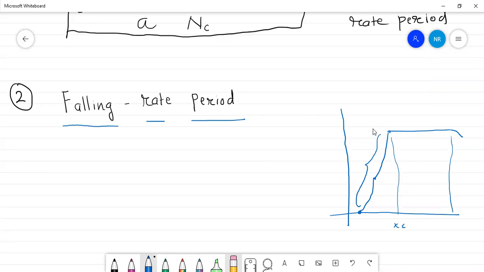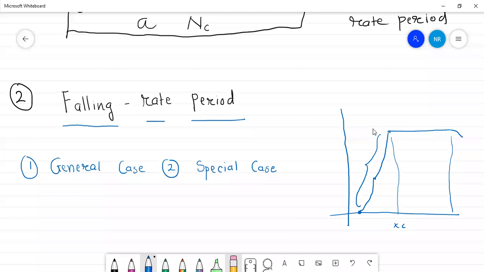The first one will be the general case, and the second one will be the special case.